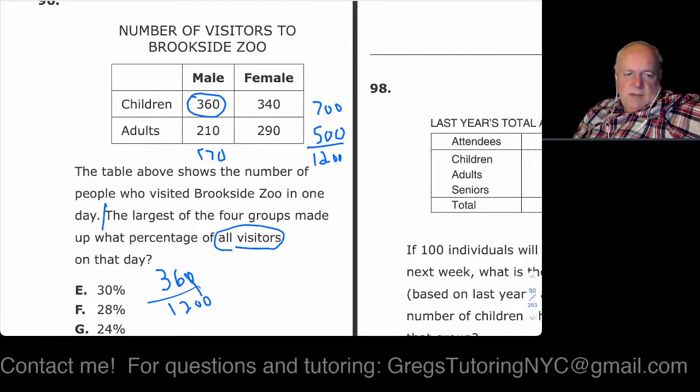Divide the numerator by 12, so I get 3. Divide the denominator by 12, and I get 10. So my answer is 3/10, which is the same as 30 hundredths. Normally I do strike out those extra zeros, but in this case I had to add them back over here. All right. So the answer is E.